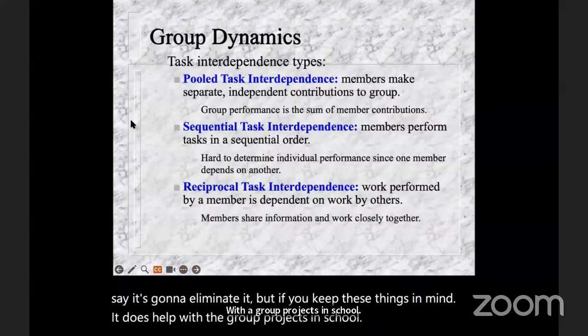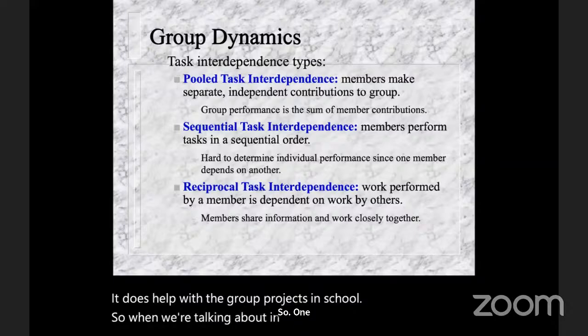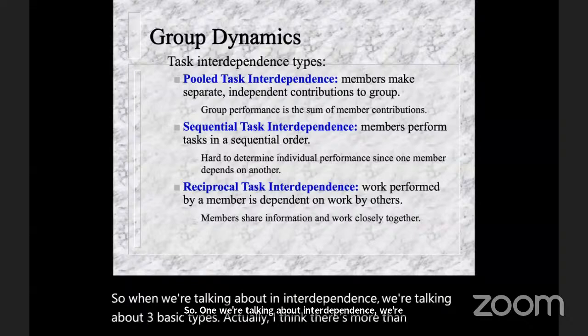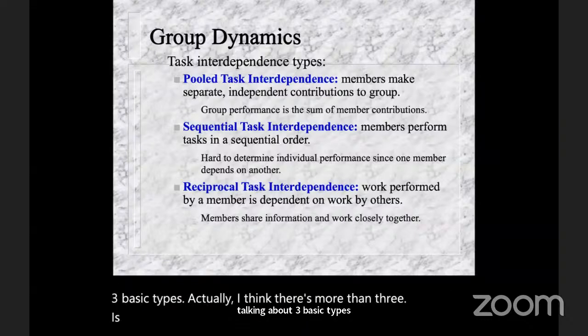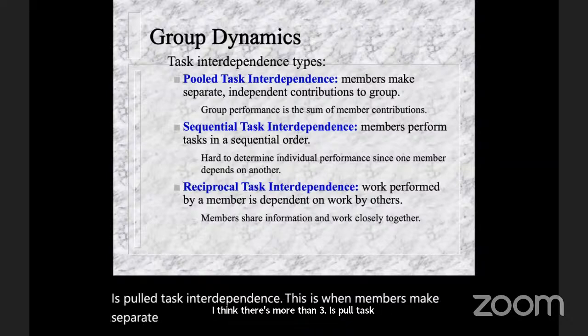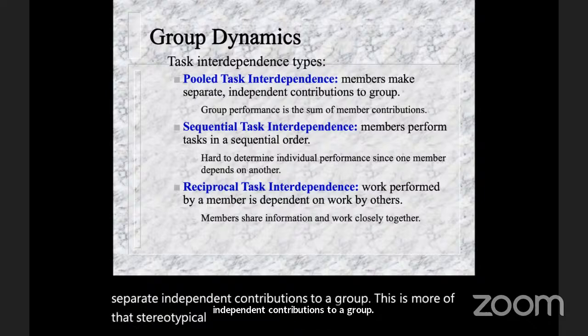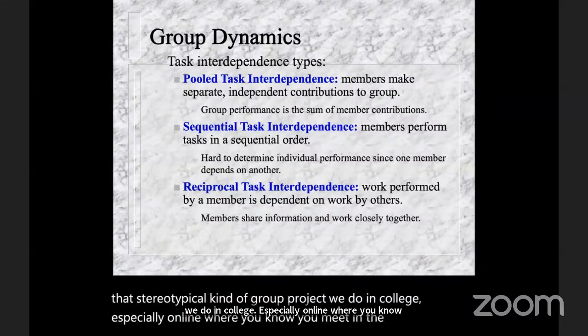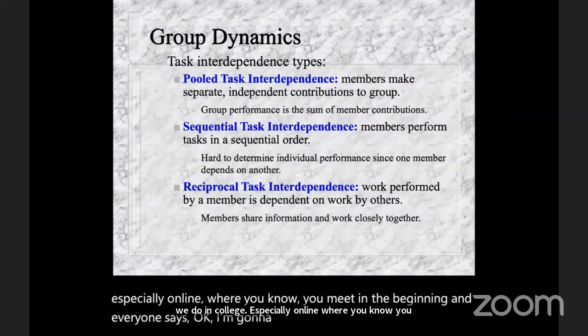So when we're talking about interdependence, we're talking about 3 basic types. Actually, I think there's more than 3. Pooled task interdependence is when members make separate independent contributions to a group. This is more of that stereotypical group project we do in college, especially online, where you meet in the beginning and everyone says, okay, I'm going to do the introduction.